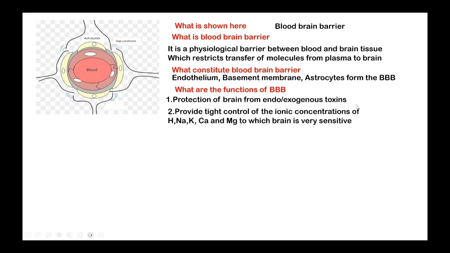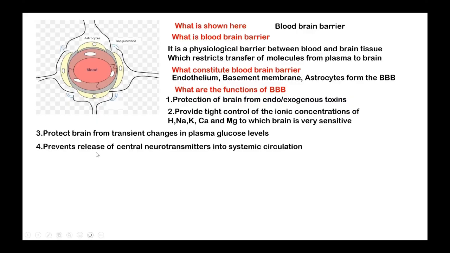It provides tight control of ionic concentrations like hydrogen, sodium, potassium, calcium, and magnesium, to which the brain is very sensitive. It protects the brain from transient changes in plasma glucose levels also. It prevents release of central neurotransmitters into systemic circulation.